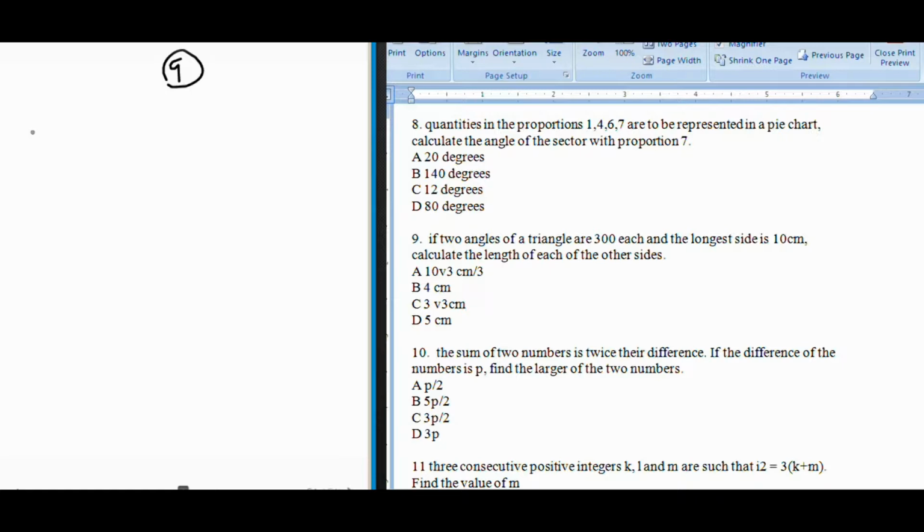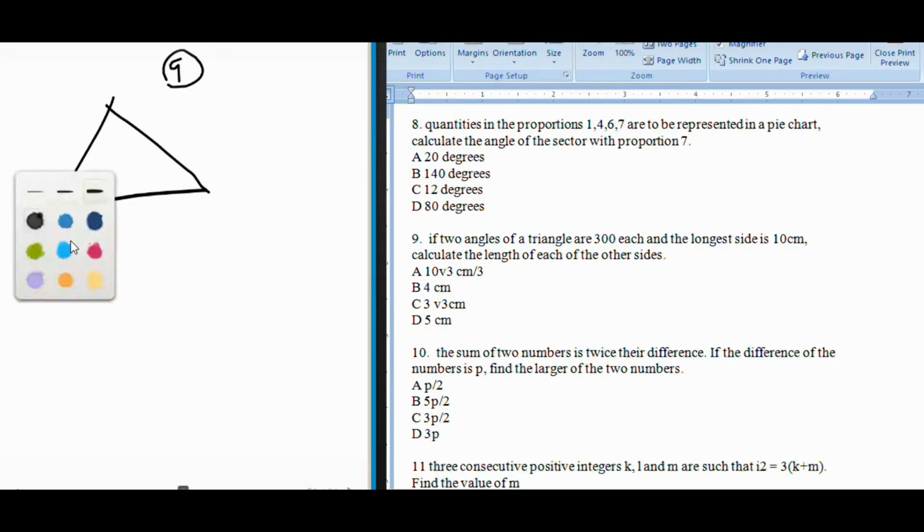Now, from the question, let's assume that the angles are formed by a triangle ABC. If angle C is 30 degrees, angle B is 30 degrees. From the description, that is an isosceles triangle.